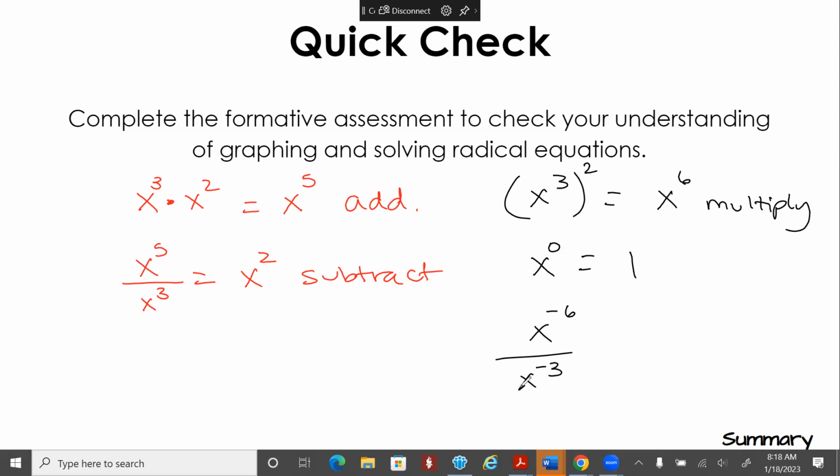If I have a negative exponent in the bottom, this guy's going to go to the top. Okay, so watch what happens. I'm going to switch these guys. And then can I simplify this? Yeah. Okay. 3 minus 6 is going to give me what? Negative 3, right? Because 3 minus 6. So that means that guy's still going to be on the bottom.